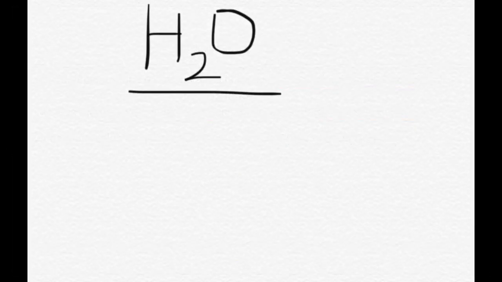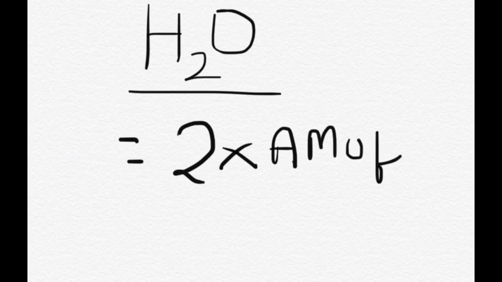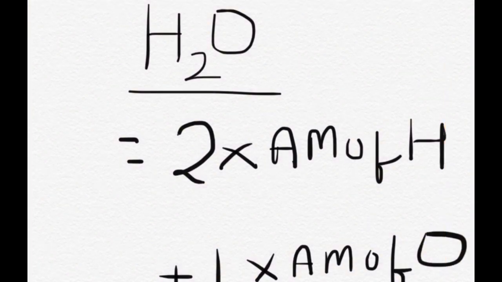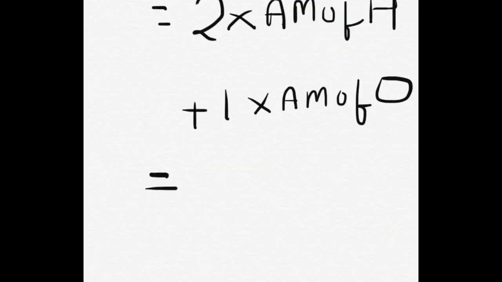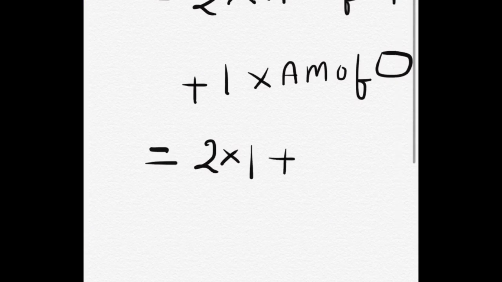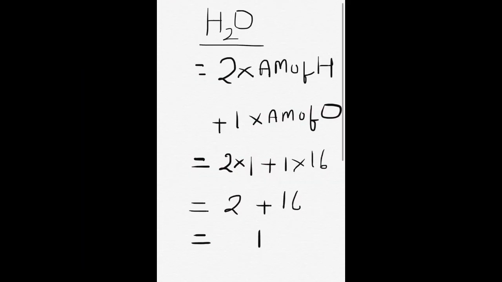The molecular mass of H2O, water, is calculated in this way. 2 multiplied by atomic mass of hydrogen plus 1 multiplied by atomic mass of oxygen, that is equal to 2 multiplied by 1 plus 1 multiplied by 16. So it comes to 2 plus 16, that is 18 u.